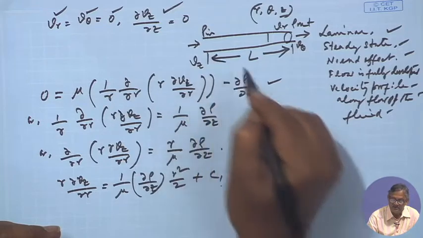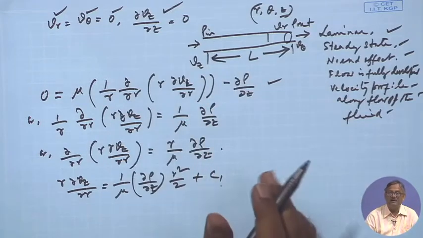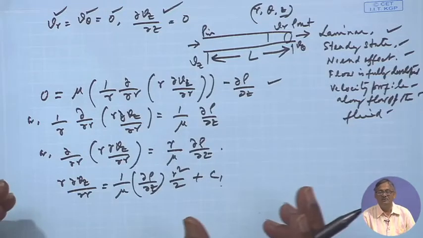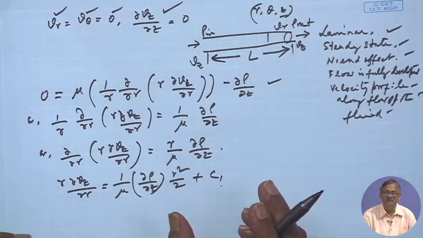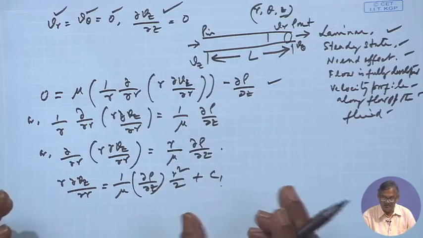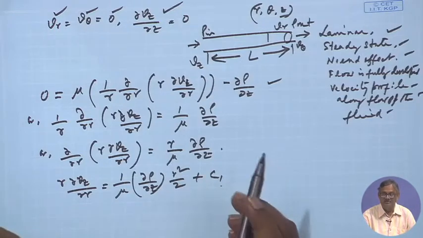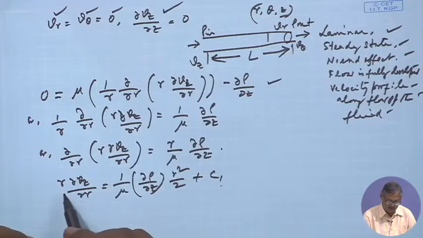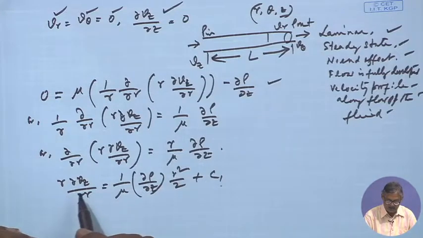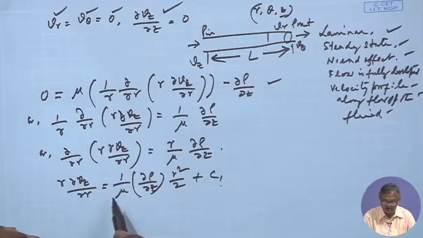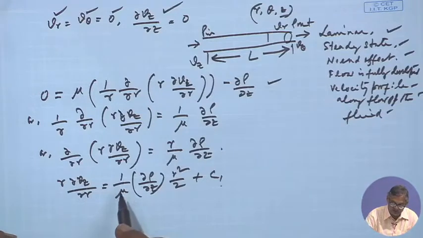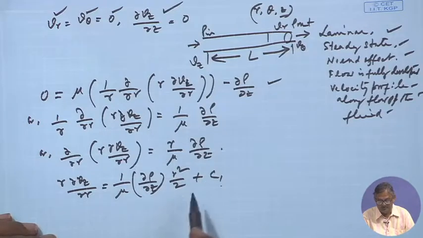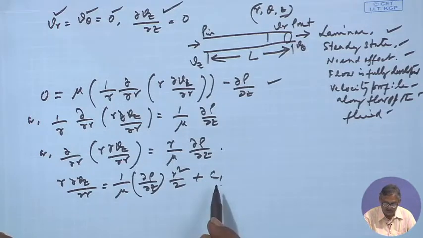So, for a given length and a given flow, we know del p and we know del z. So del p del z is known, and that is why it is not going into the integration. So, we can write r del v z del r is equal to, on the first integration, 1 by mu del p del z r square by 2 plus C 1.